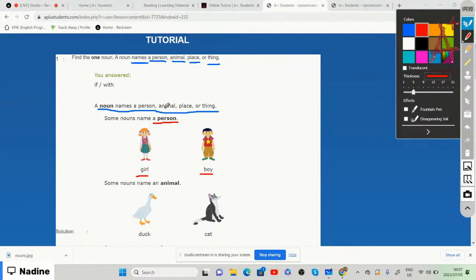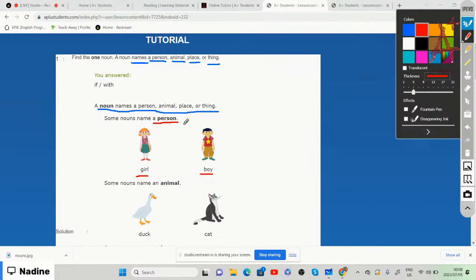You can then just identify them as a girl. The girl kicks the ball, or the boy jumps something. So we identify a person by saying, for example, girl or boy. So that is how we identify a person.